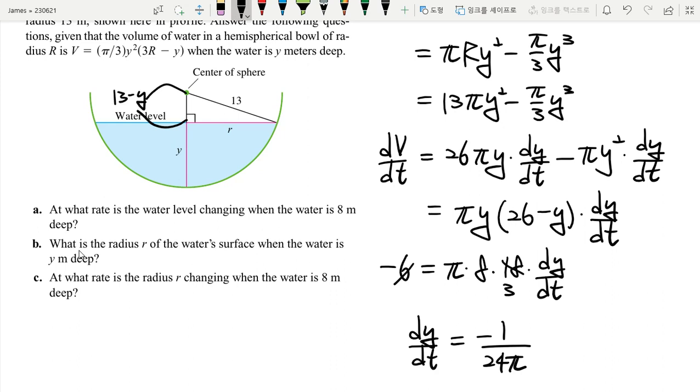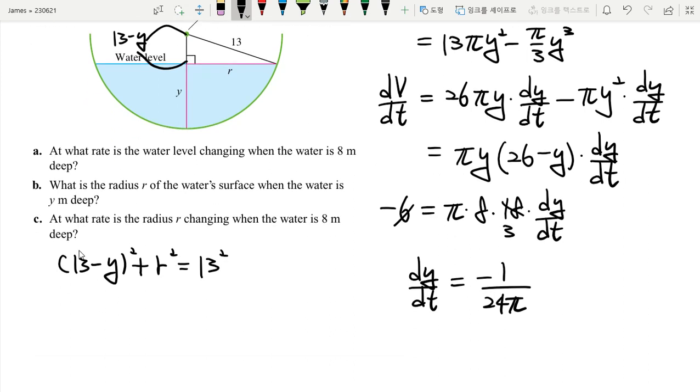If we use the Pythagorean theorem in this triangle, and simplify this equation, if we take the square root, r is the square root of y times 26 minus y. We get this expression.